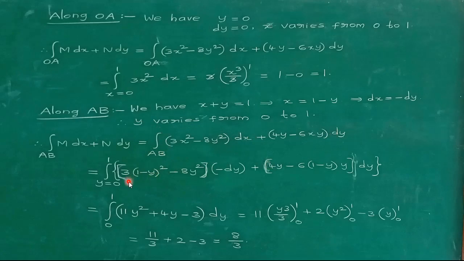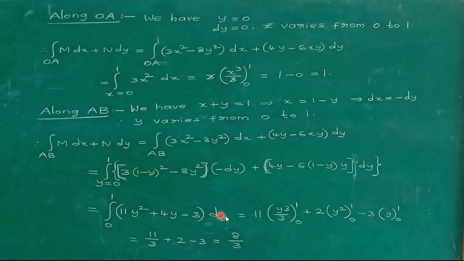So integral y from 0 to 1, 3 into (1 minus y) whole squared minus 8y squared into dx, dx means minus dy, plus 4y minus 6 into (1 minus y) into y, dy. If you simplify this, you get 11y squared plus 4y minus 3 into dy.